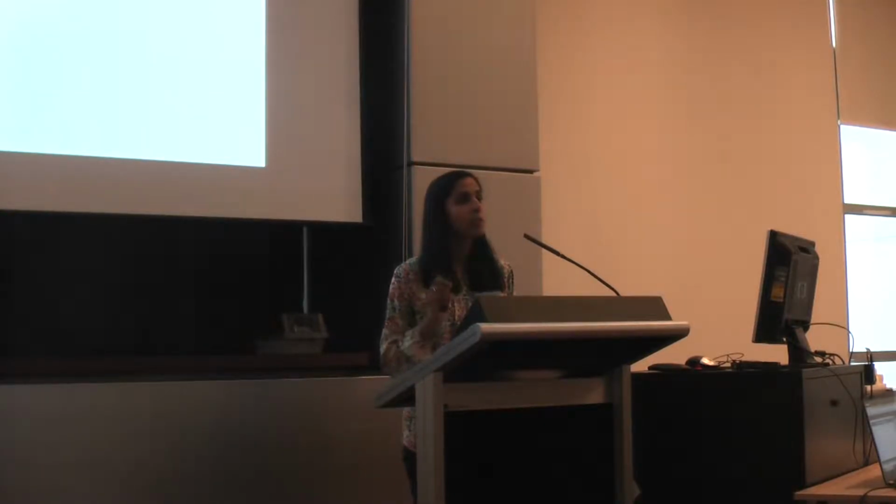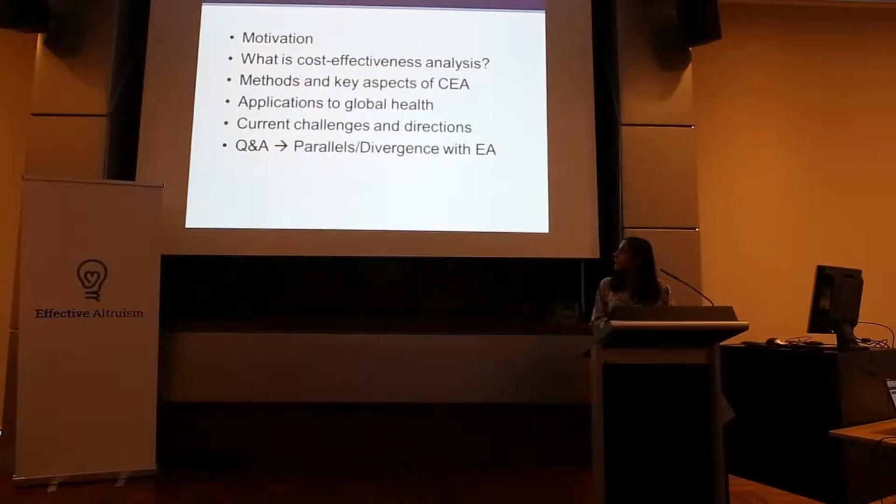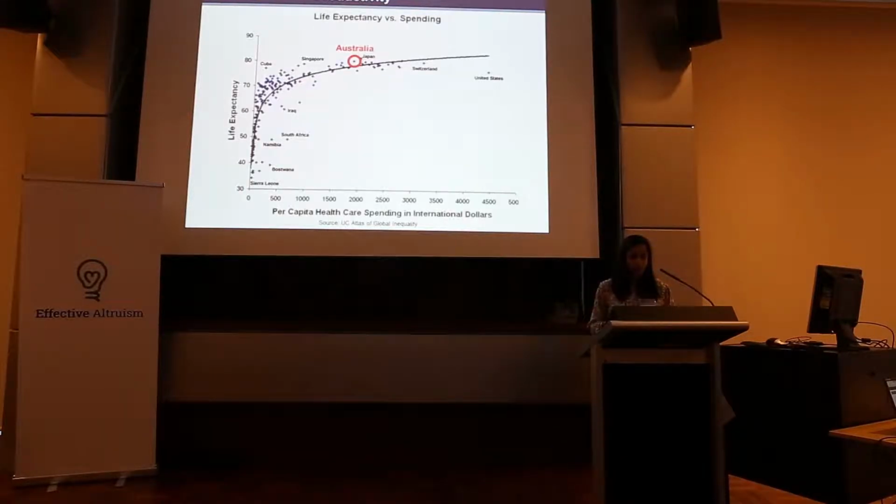I'll present a few examples of applications to global health, and then talk about some of the particular challenges and directions that this field is heading in that are quite interesting for me personally in my research, and I would think quite interesting for those of you who care about effective altruism as well. I'll try to tie in some of the parallels that I can see between what I do and EA, but I'm quite keen to hear from all of you as well about that.